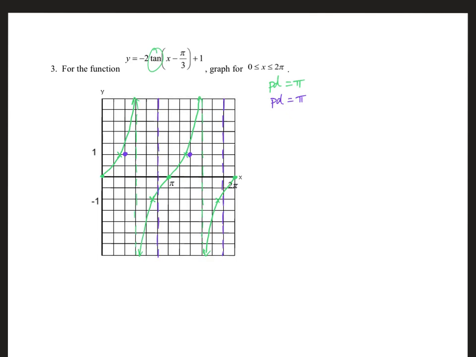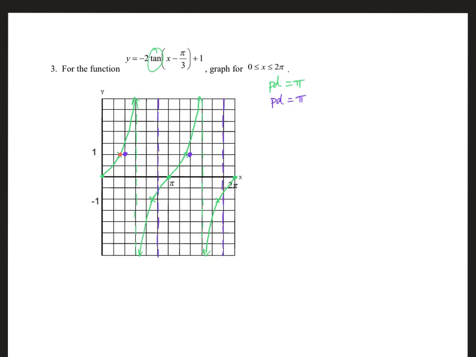Okay, here's where your 1s and negative 1s come into play. So now we're going to do all those same transformations, but to our 1s and negative 1s. Okay, let's take this first one that occurs at pi by 4, 1. I'm going to take that red point and now I'm going to transform it.